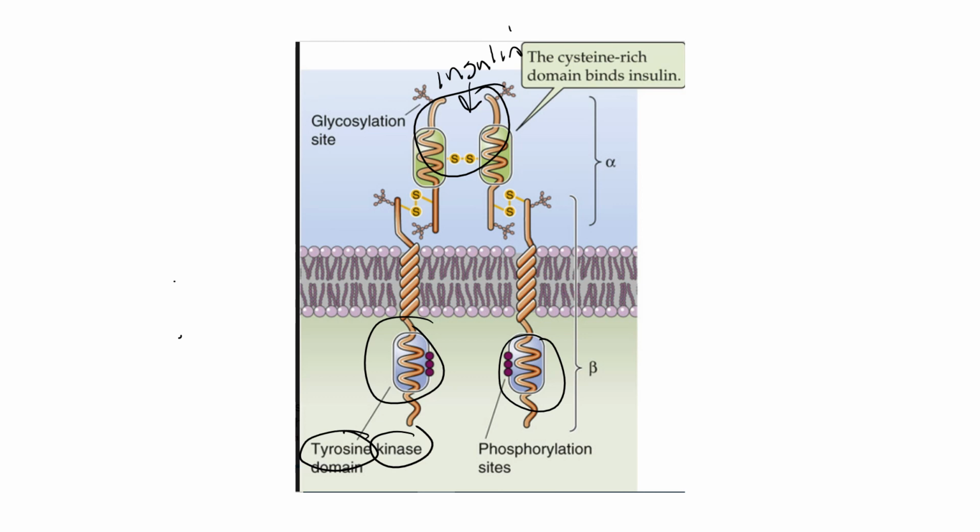And what are the major proteins located inside of the skeletal muscle cells? This is true of other cells too, but we're focusing on skeletal muscle cells. What are the major proteins inside of the skeletal muscle cells that have these tyrosine residues that these tyrosine kinase domains are then able to phosphorylate?